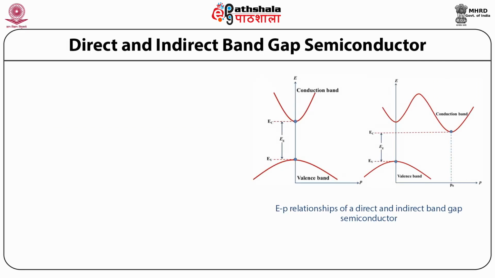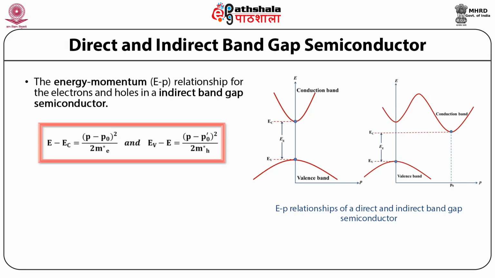Now, coming to the indirect bandgap semiconductors, the energy and the momentum relationship for the electrons near the minimum of the conduction band is given by E minus EC equal to P minus P naught the whole square divided by 2 Me star. Similarly, for the holes near the maximum of the valence band, the energy and momentum relationship can be written as EV minus E is equal to P minus P naught prime the whole square divided by 2 Mh star.